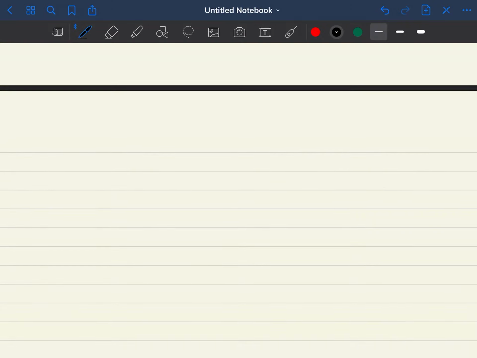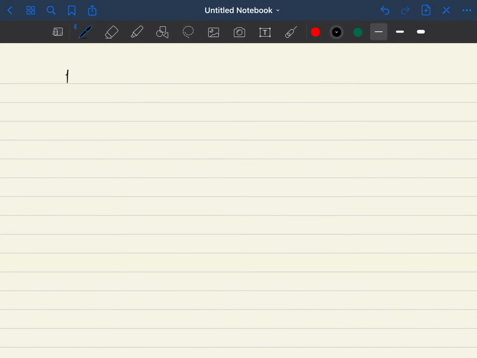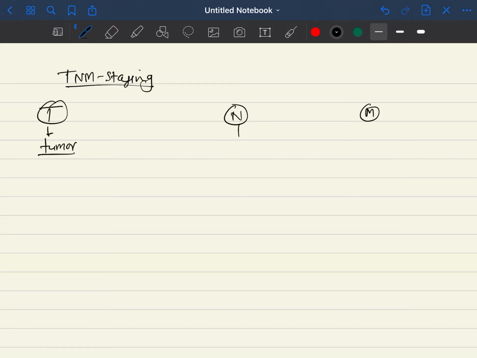Now we will read about TNM staging. Definitely there is T, there is N, there is M. T means tumor, N means nodal, M for metastasis.